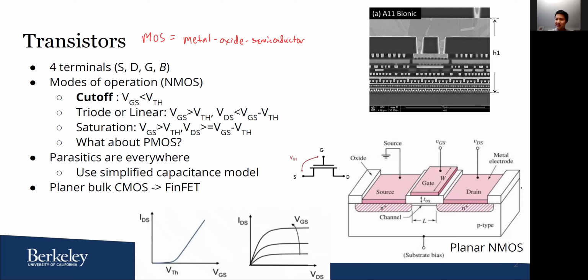If we look at this structure diagram here, what we have is a sandwich of a gate, which is the metal. But I will let you know that the gate is actually not made of metal most of the time now. In fact, no, I will take that back. It was made of metal in the beginning. In very old technologies, it was made of aluminum. And then they switched to polysilicon because that generated lower threshold voltages.